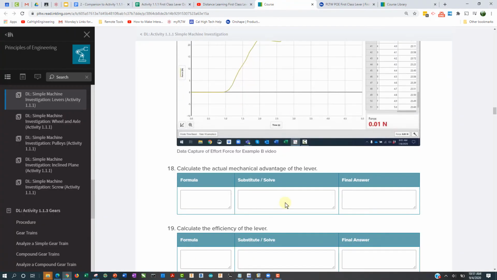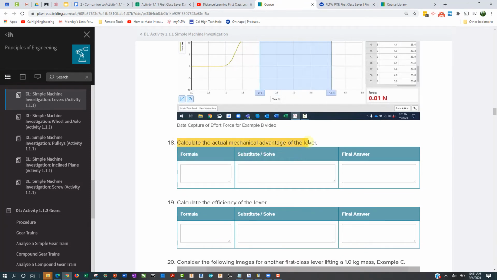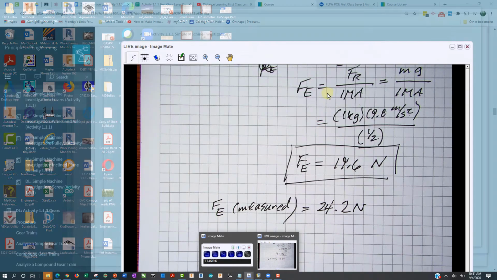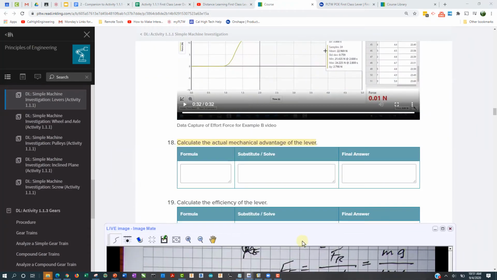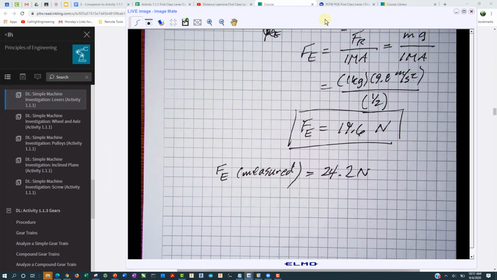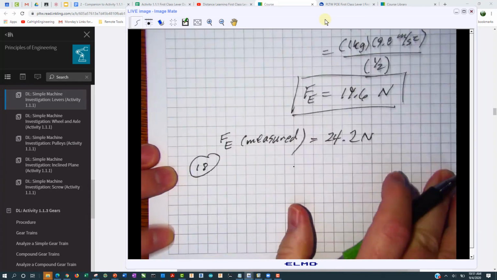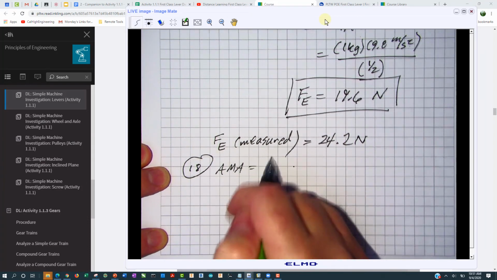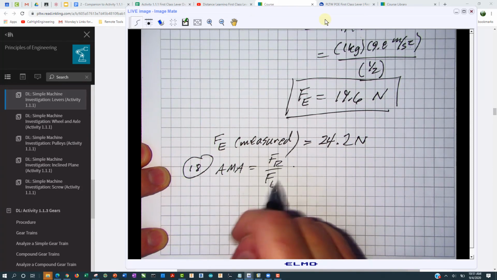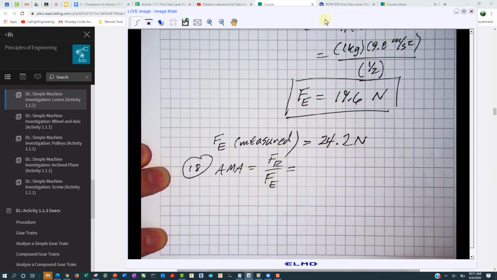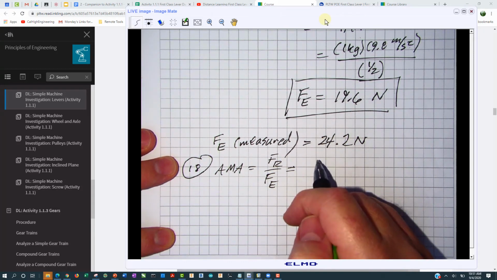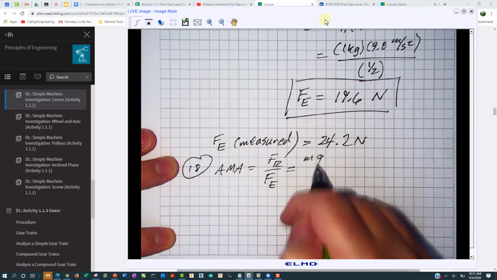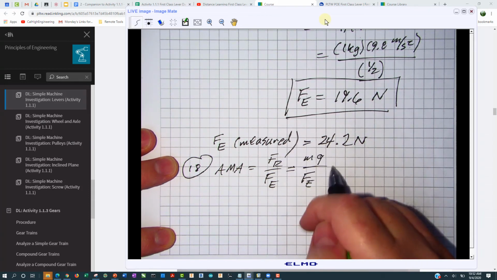All right, so I think I know what they're going to ask us. Okay, what's the actual mechanical advantage of the lever? Well, if we come back over here, what was that? That was number 18. 18, AMA is equal to F sub R over F sub E. And so the resistance we know is equal to 1 kilogram, and F sub E, this is measured.